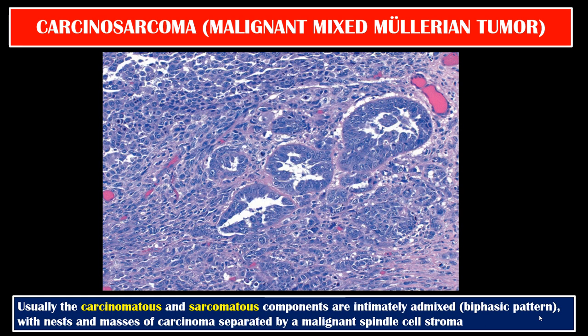Microscopically, usually the carcinomatous and sarcomatous components are intimately admixed, that is, biphasic pattern, with nests and masses of carcinoma separated by malignant spindle cells.